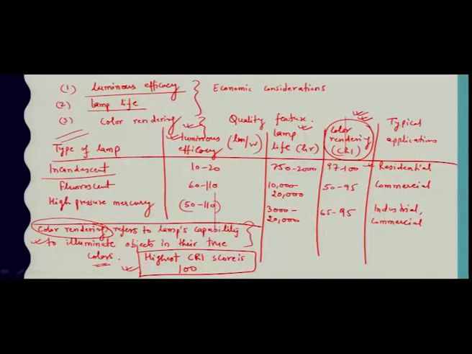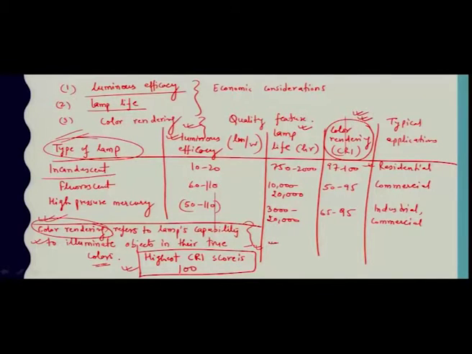So in daylight you will be able to identify the true color of any object. When daylight is used for visualization, the highest CRI will be 100. As the CRI score of a given lamp type decreases, this indicates a reduction in the lamp's color rendering capability.